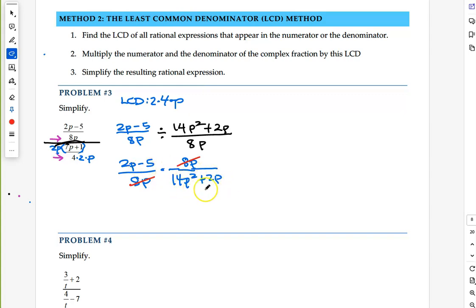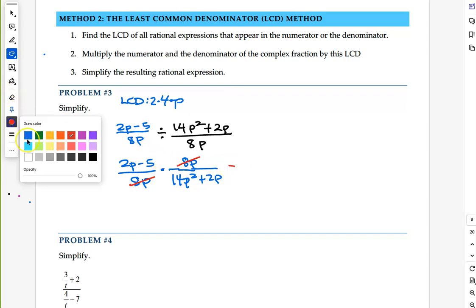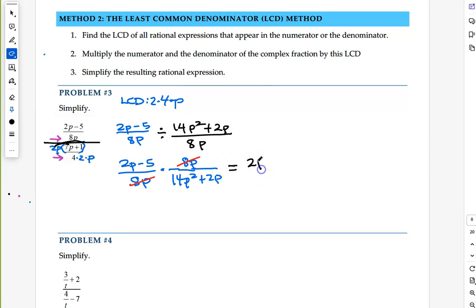And now when I'm looking at this, I've got 2p minus 5 on the top. There's no way to factor this, but you'd want to look at that and see. So what we end up with is just 2p minus 5 over 14p squared plus 2p. And then that would be your answer.